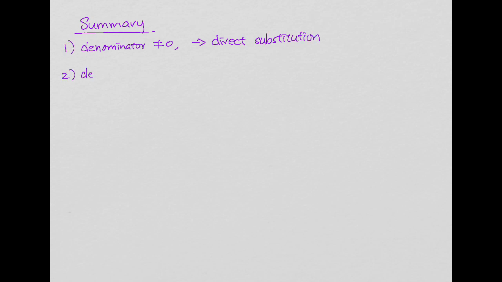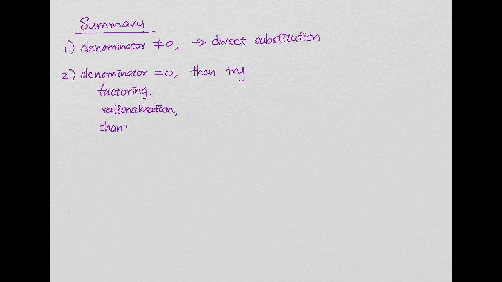Case 2, if the denominator equals 0, then try factoring, rationalizing, change of variable, combine fractions. If none of those 4 work, the final one you can use, that's the last resort.